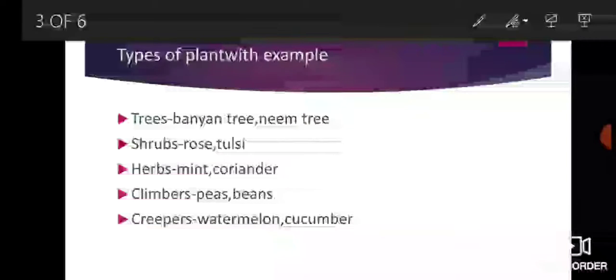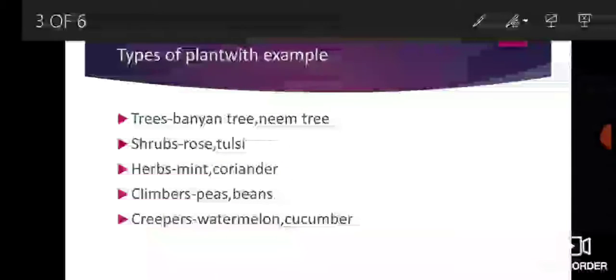Here is another slide. Types of plants with example. You can see different types of plants. Plants means पेड़ पौधे. Some plants are very big. Some plants are very small.